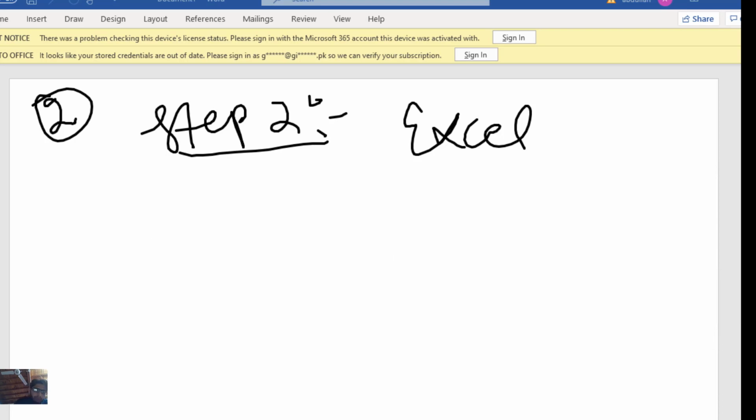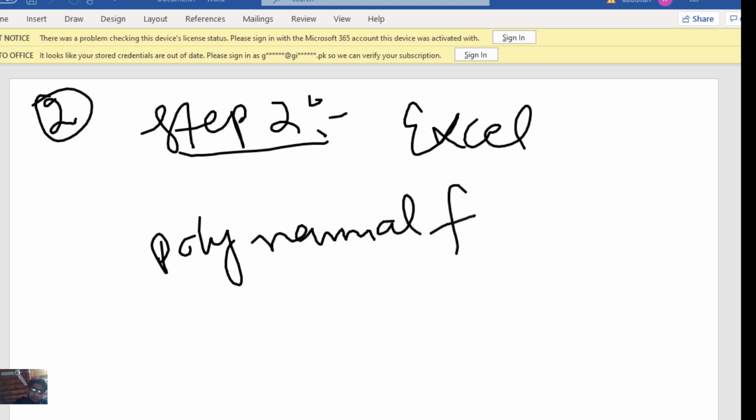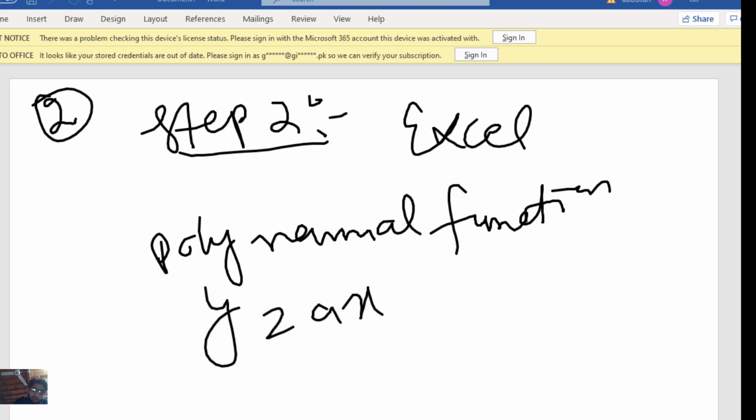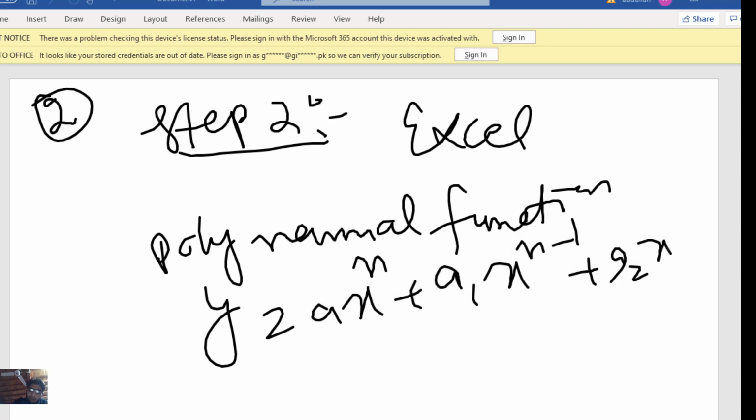Usually we use the polynomial function, of the type y is equal to a x to the power n, plus a1 x to the power n minus 1, plus a2 x to the power n minus 2, and so on.